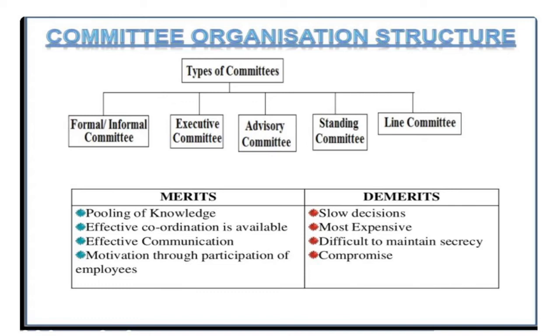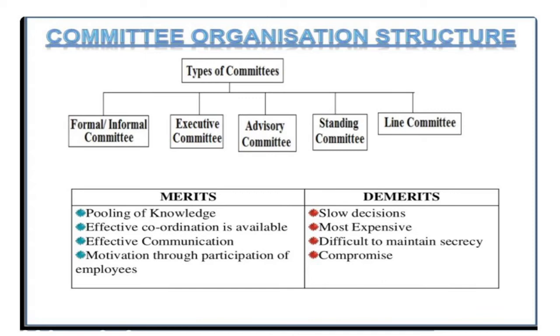Then, coming to the demerits: slow decisions. In the parliament itself, some committees were appointed and not even one meeting has been convened till now. So sometimes decisions are slow. They are also expensive: we pay remuneration to the members, and we have to bear all the expenses of the team going to Sri Lanka to study cellular operations.